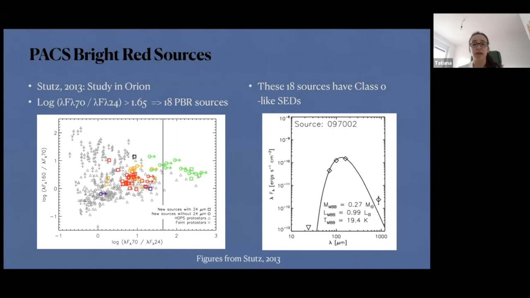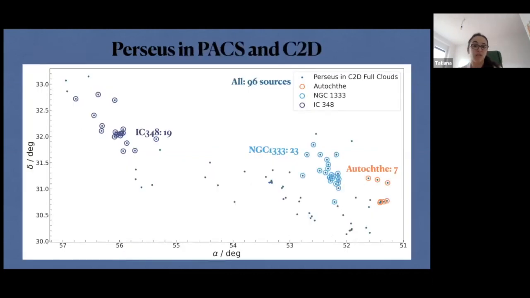So they would probably have class 0-like SEDs, since they would probably peak around 70 to 100 micron. And they fit SEDs to these sources, and they find that they indeed have class 0-like SEDs. And I thought this analysis was interesting to apply to other star-forming regions, but I'm only focusing on Perseus here.